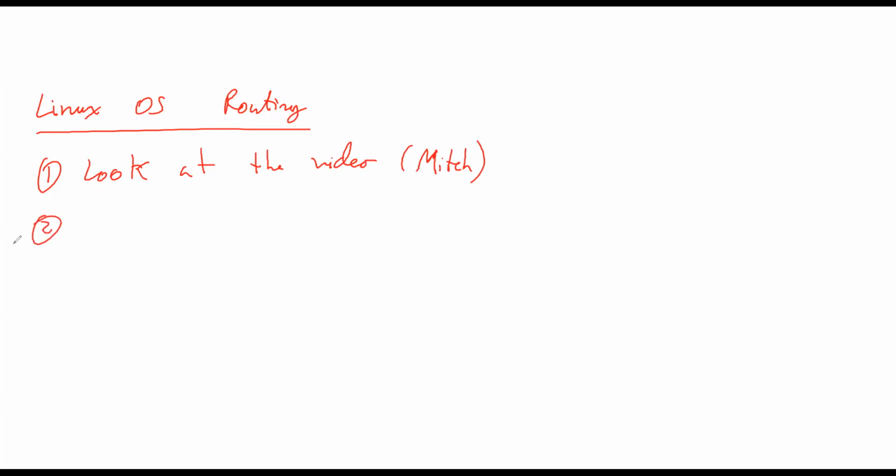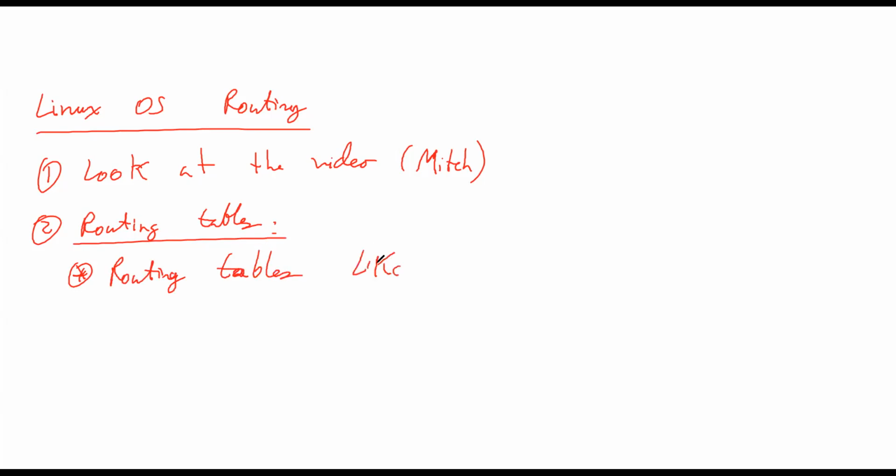Number two, here are just some of the commands. Let's talk a little bit about routing tables, and we'll finish up with this. One thing about routing tables is that they're like IP tables. Routing tables and IP tables are sequential.